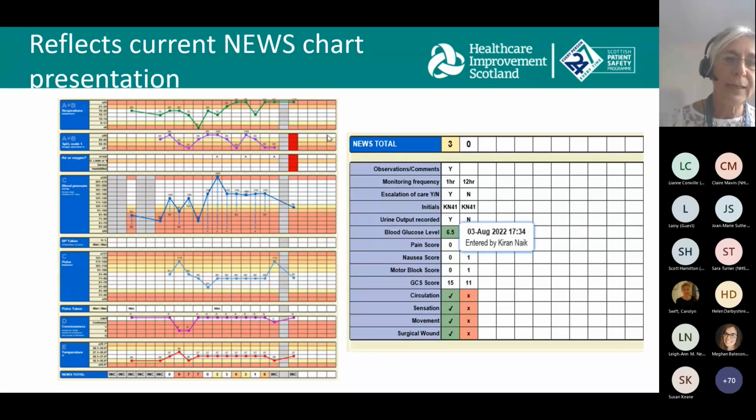And we have managed to create a chart that really looks exactly the same as the paper chart currently at the end of the bed.